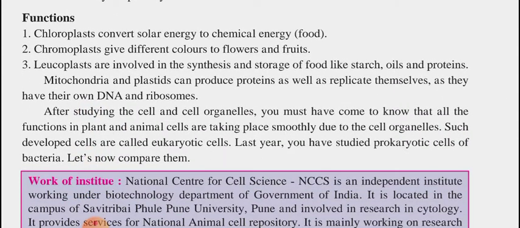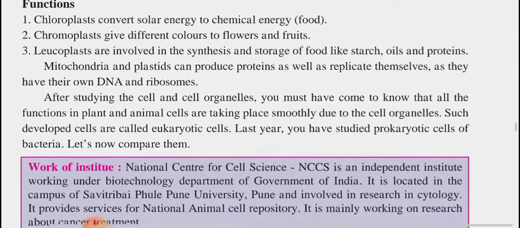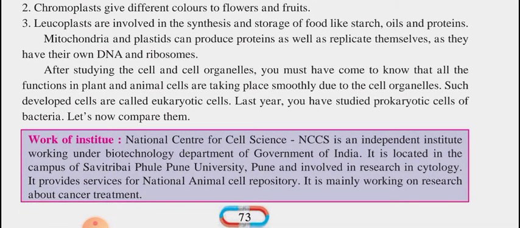And functions, very first point is chloroplast converts solar energy into chemical energy, which means obviously food. If sun energy is not there, then there will be no formation of food. So the conversion is with the chloroplast only. Point number 2, chromoplasts give different colors to flowers and fruit. As we have seen above, leucoplasts are involved in the synthesis and storage of food like starch, oils, and proteins.